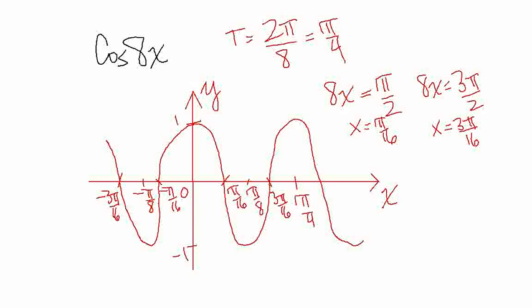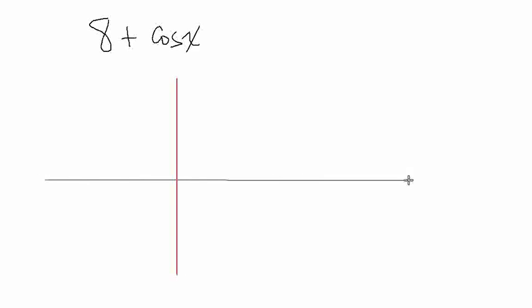All right, so now I'd like you to sketch the graph of 8 plus the cosine of x. So pause the video and do that now, please, if you like. Okay, so I'll go ahead and work it out. So the amplitude will be 1, just like for regular old cosine of x. And the period will be 2 pi, just like for the regular old cosine of x.